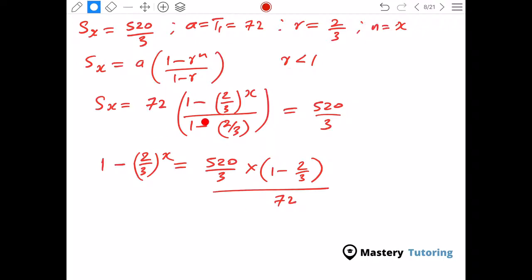So now I'm going to take this 1 to the other side and bring everything back to this side.